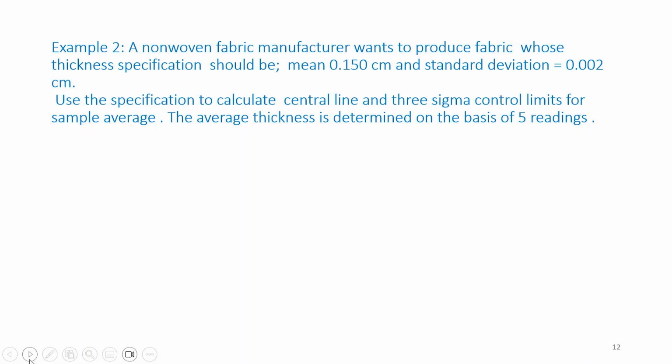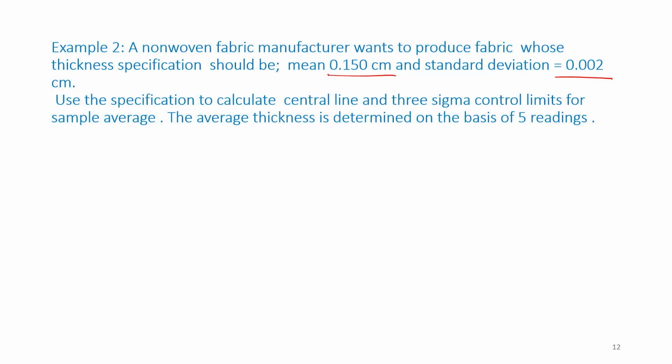A non-woven fabric manufacturer wants to produce fabric whose thickness specification is a mean of 0.150 centimeter and a standard deviation of 0.002 centimeter. So the specification is given for the fabric.